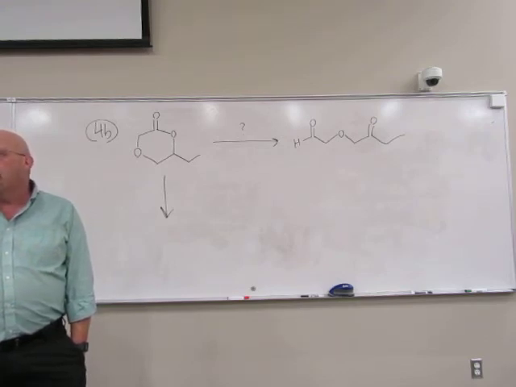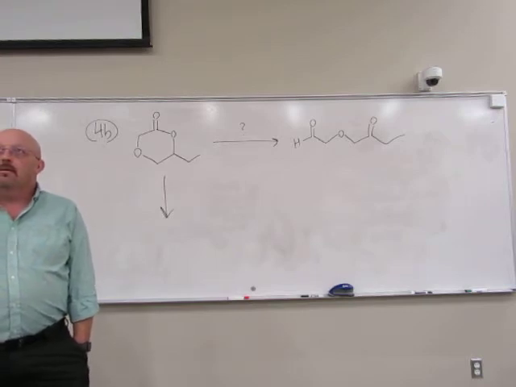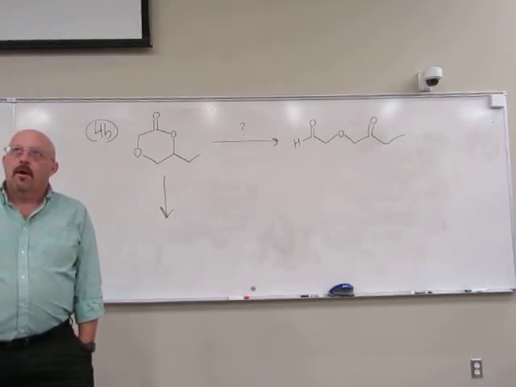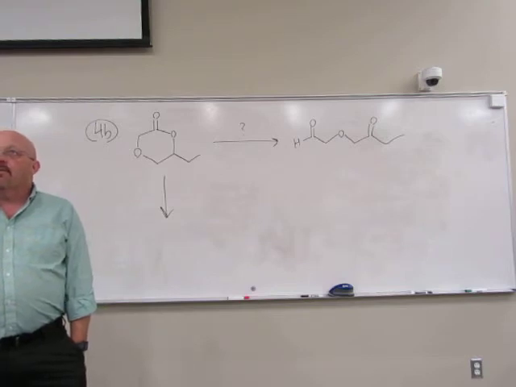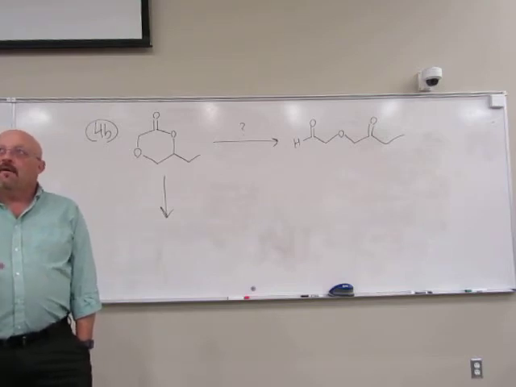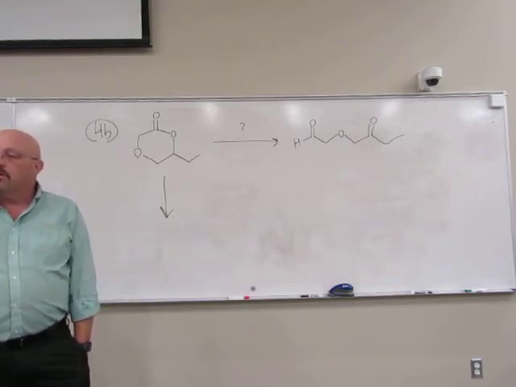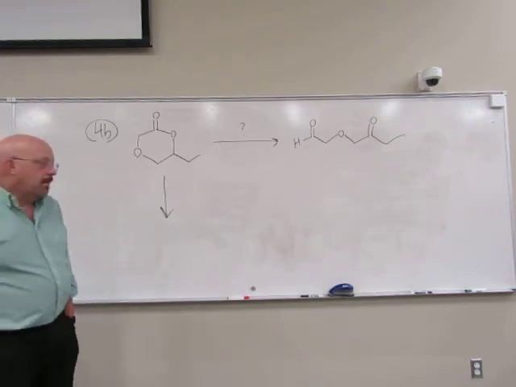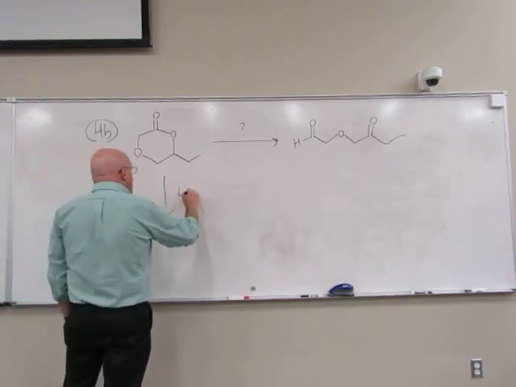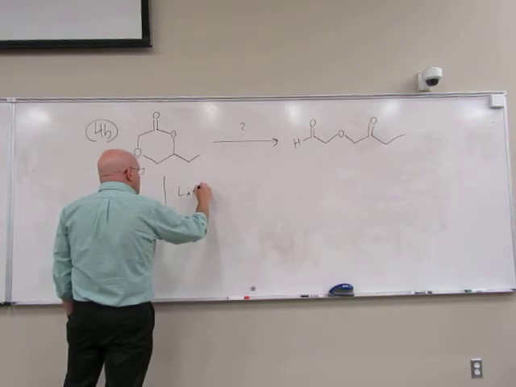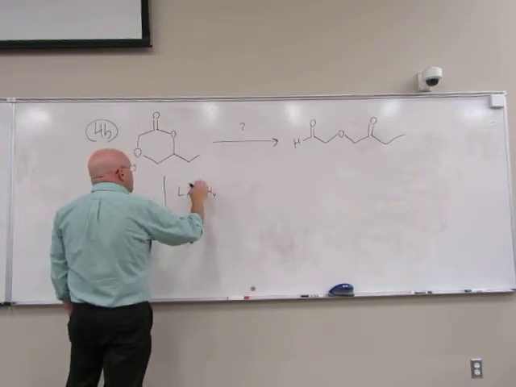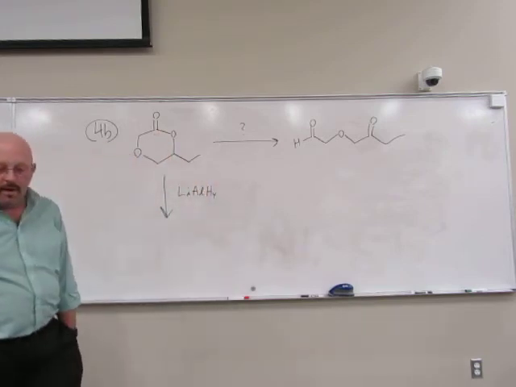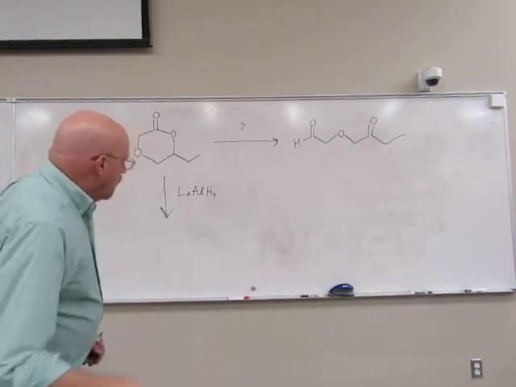We also had hydrogenation, hydrogen gas with platinum, palladium, or nickel. But the only one out of all of those that could do an ester was lithium aluminum hydride. So it had to be lithium aluminum hydride that we're reacting with here, because that's the only thing we've done on an ester. So let's see what happens.